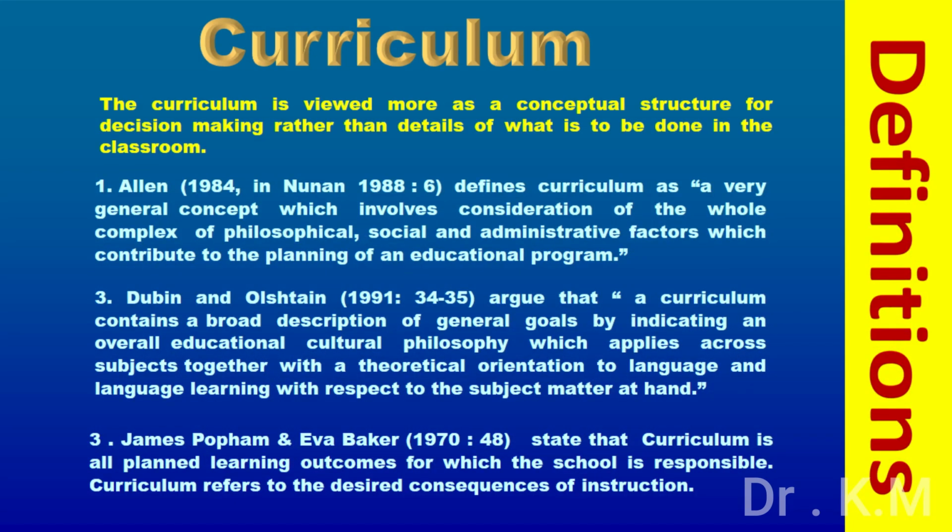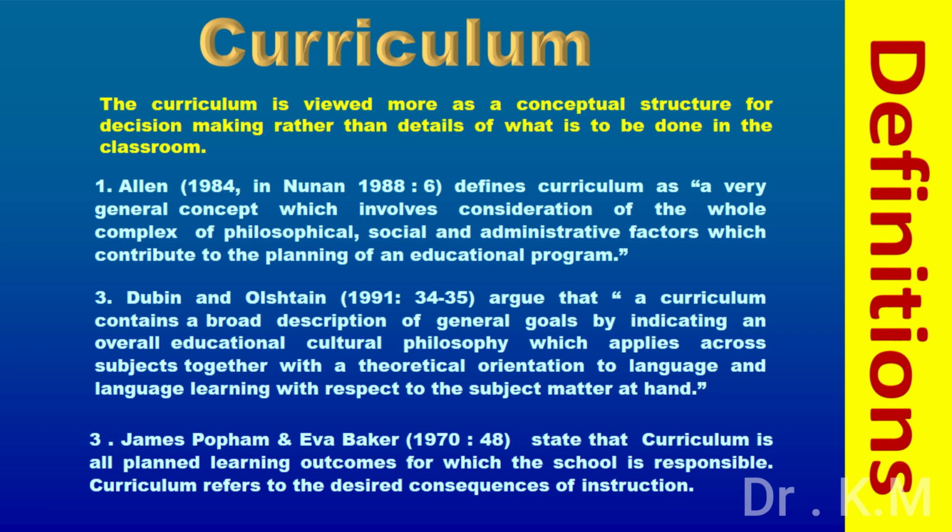The curriculum is viewed more as a conceptual structure for decision-making, rather than details of what is to be done in the classroom. Allen, 1984, in Noonan 1988, page 6, defines curriculum as a very general concept which involves consideration of the whole complex of philosophical, social and administrative factors which contribute to the planning of an educational program.